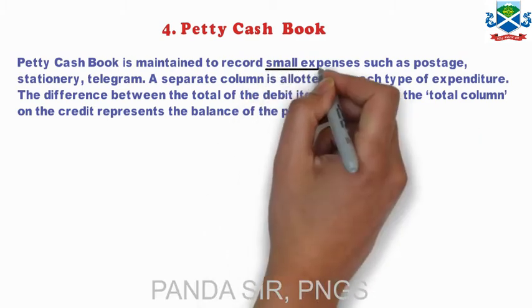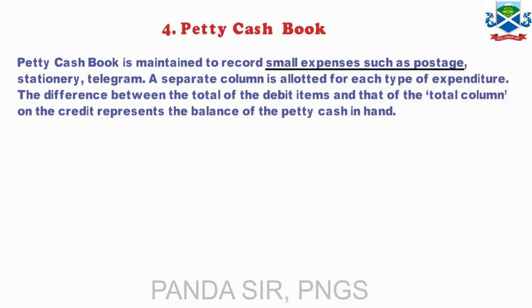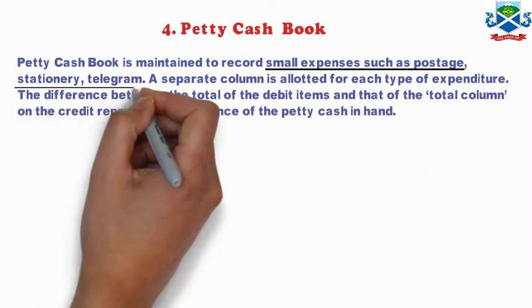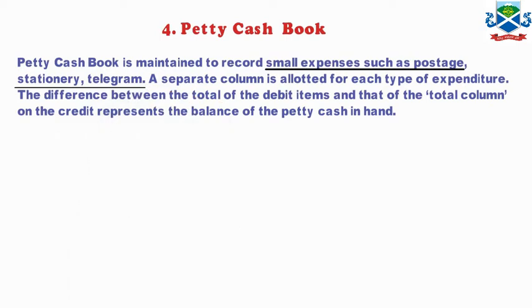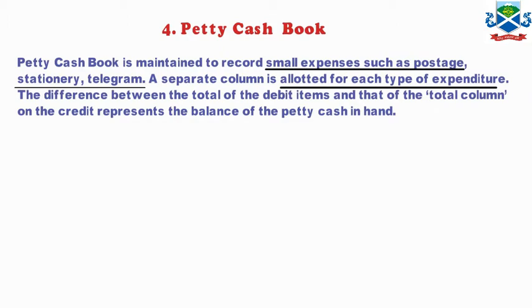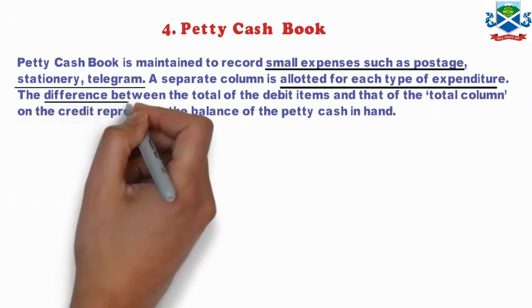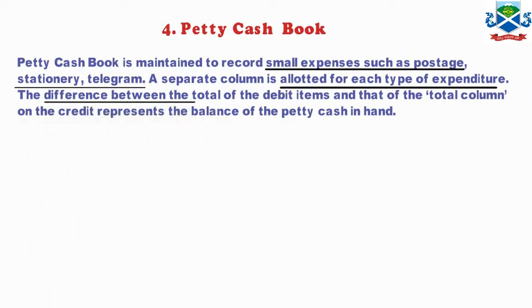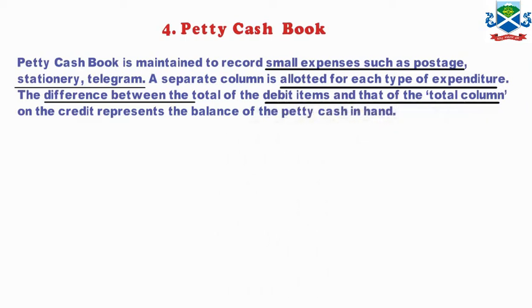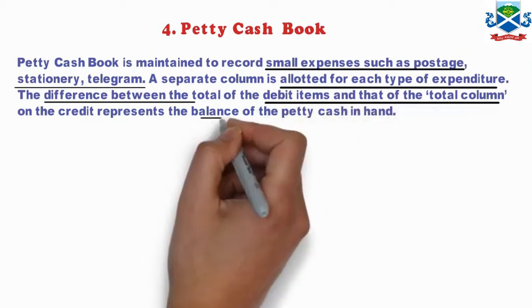So all small expenses such as postage, stationery, telegraph, refreshment, courier charges, telephone charges, mobile charges, these are all small charges. Allocate different expenses to different columns, and the difference between debit and credit total is known as the balance of petty cash in hand.